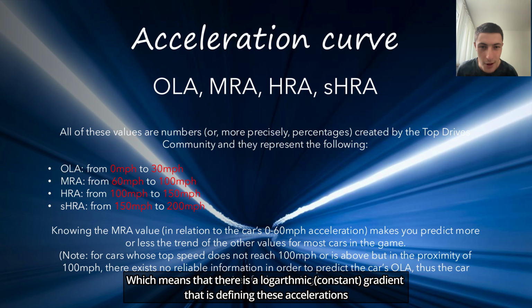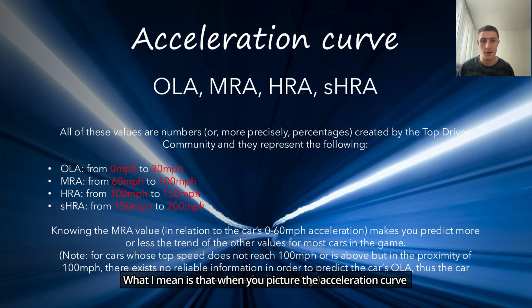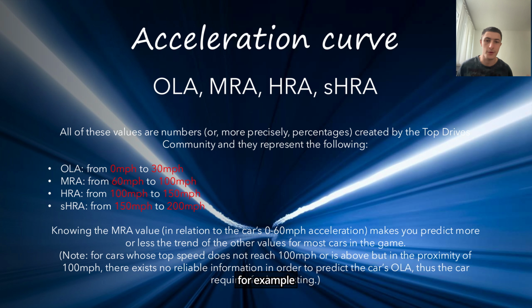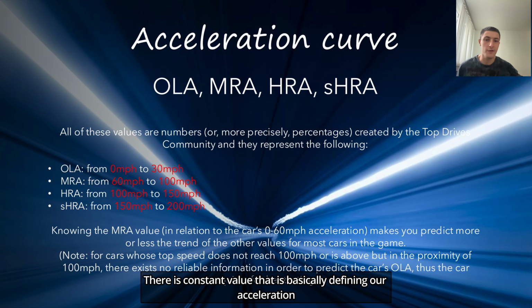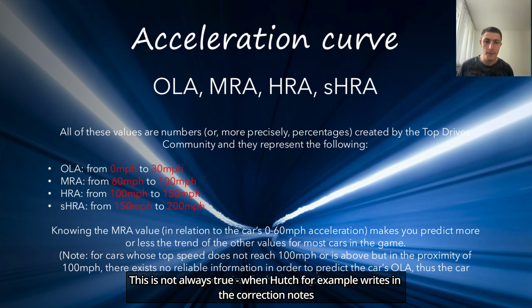these accelerations. What I mean is that when you picture the acceleration curve, for example, a velocity versus time graph, you will see that this function looks like a logarithmic one, and if you take the logarithmic gradient of it, there is a constant value that is basically defining the acceleration. This is not always true.